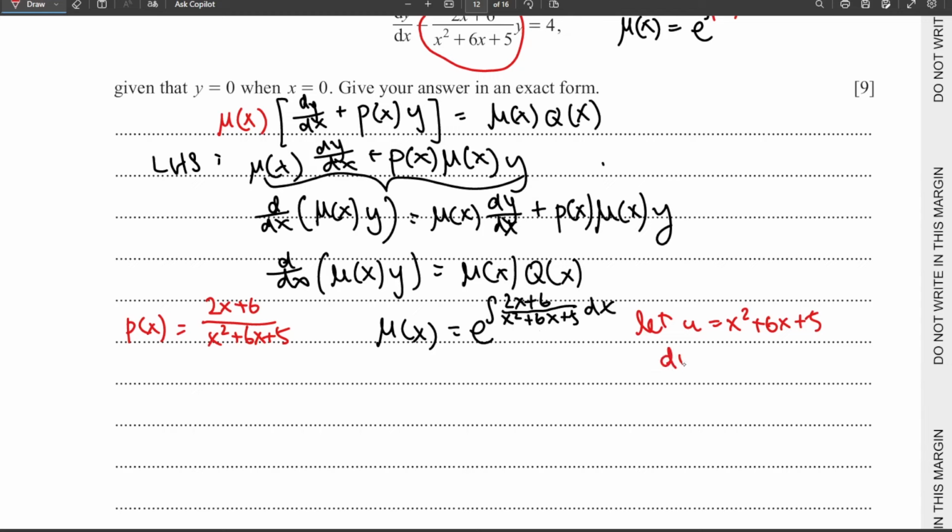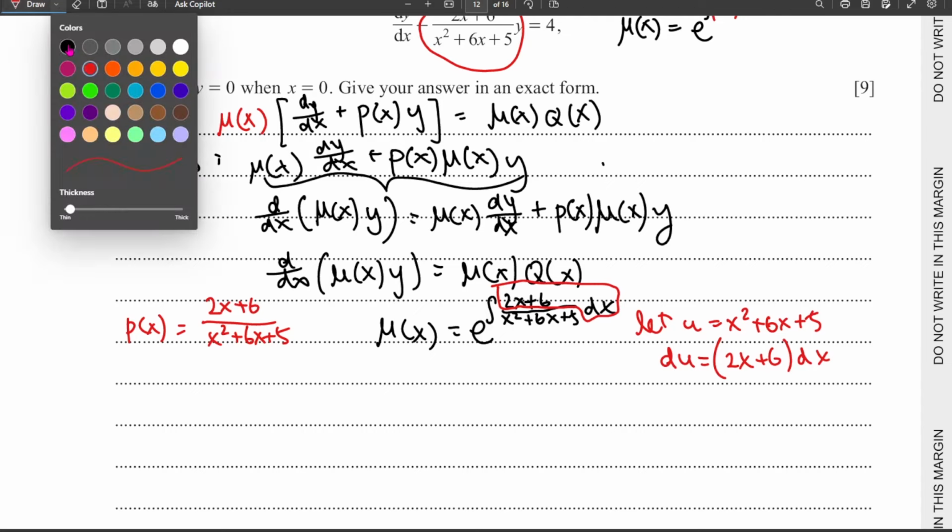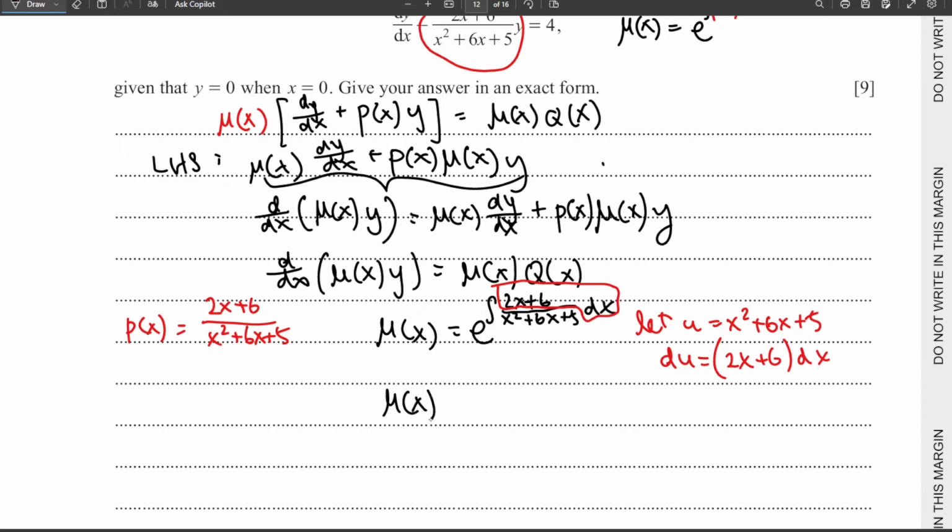So we take the derivative in terms of x, and we get (2x + 6) dx. This (2x + 6) dx is up here, so we can replace that with just du. So I rewrite here mu(x) equals e to the power of the integral of du over u, where the bottom is what we have set as u.